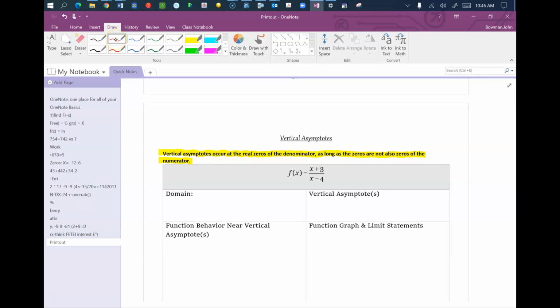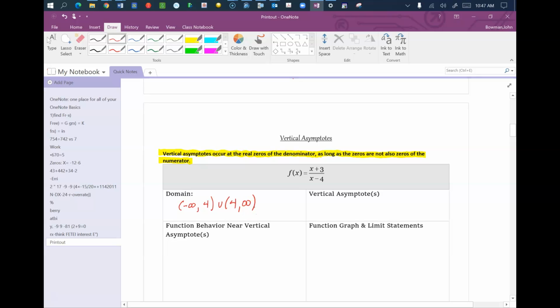So let's take a look at this simple example. F of x is equal to x plus 3 over x minus 4. Let's start with the domain. The domain is all real values except for x equal 4, because that makes the denominator equal to 0, and we know we cannot divide by 0 when we have a fraction. So the domain is from negative infinity to positive 4, skip over positive 4, or from 4 to infinity.